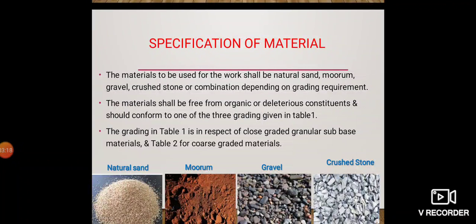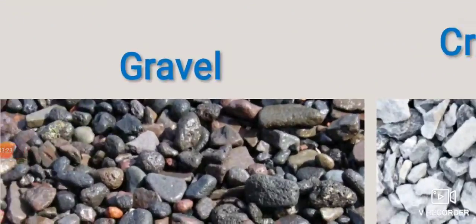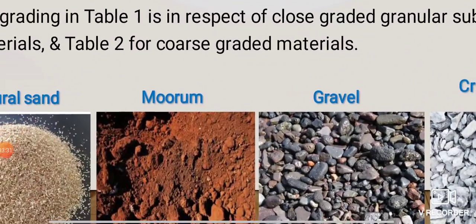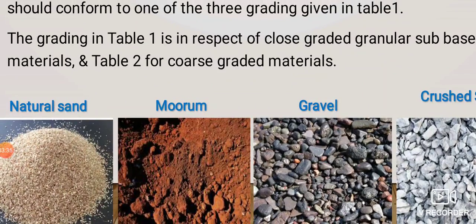It may be crushed stone aggregates, what we can see in the right corner, or it may be gravel, or it may be muram, the most common red soil, and the coarse sand also can be used. Okay, so these are the four materials we see.